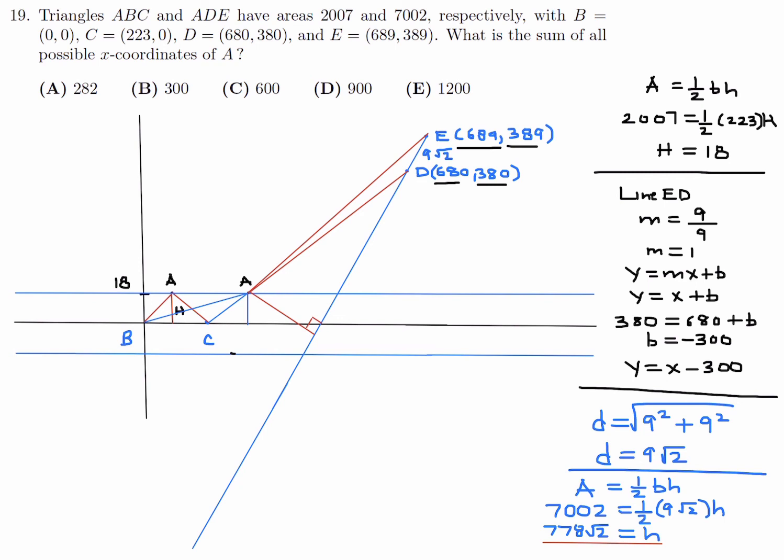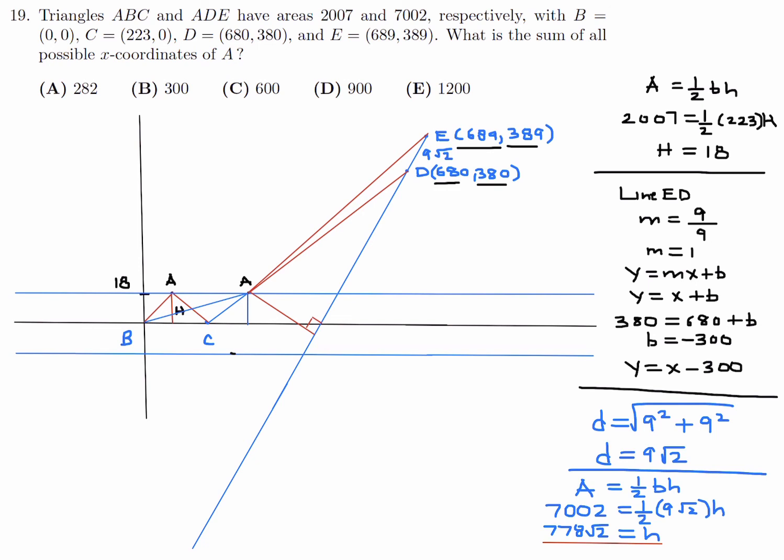Now comes, in my opinion, the heart of the question with regard to understanding it. It's very important to understand the next part. These A's that I drew, this guy right here, for this triangle AED, A has to be where?